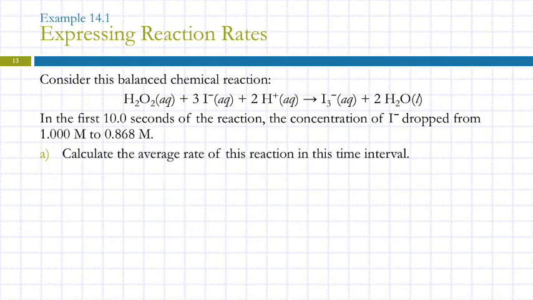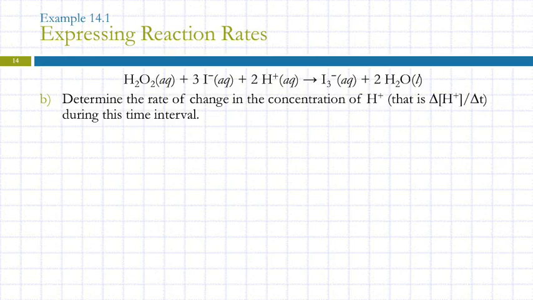Okay, so same thing here. Determine the rate of change in the concentration of H plus. So the rate of change in the concentration is not the rate of the reaction. We're looking for delta H plus over delta t.